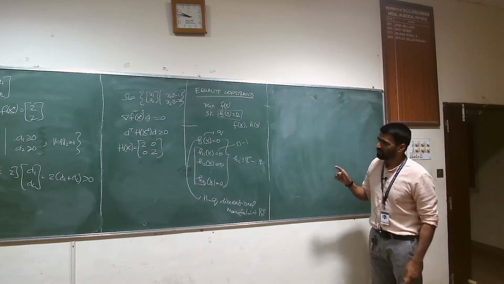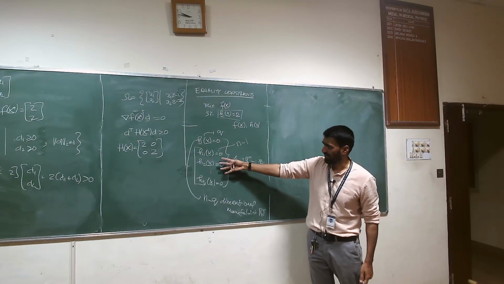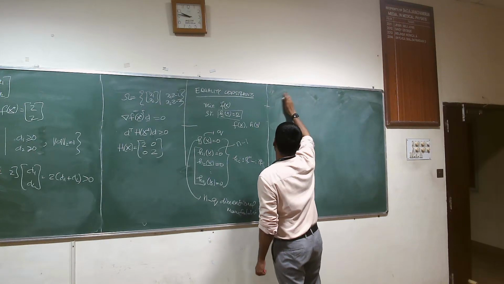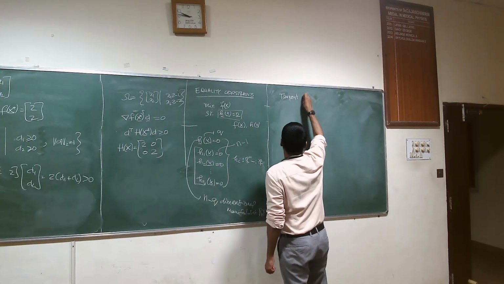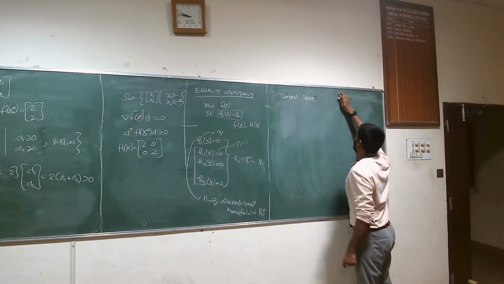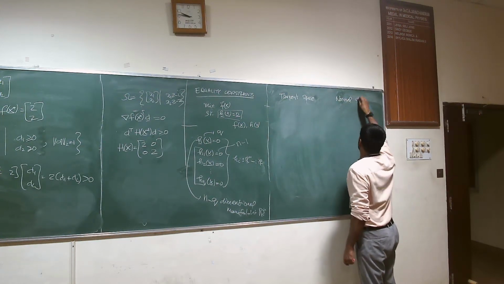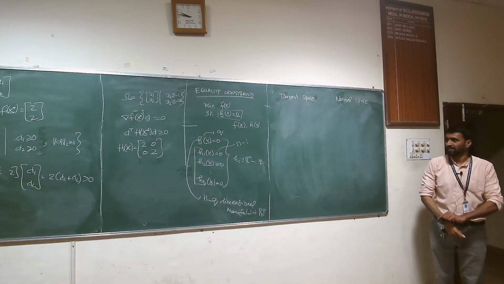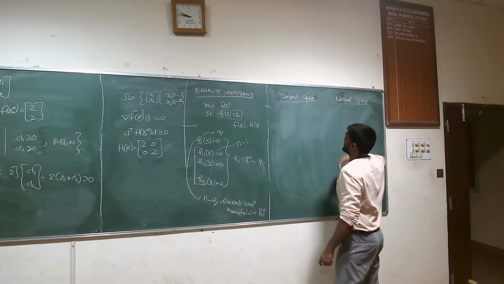And to understand the local property of any function of this form, we define two ideas. These are fairly intuitive ideas, except that they are now generalized to a higher dimensional space. Tangent space and normal space.